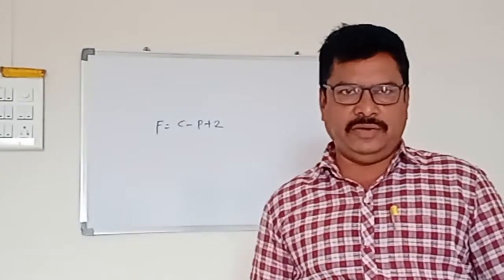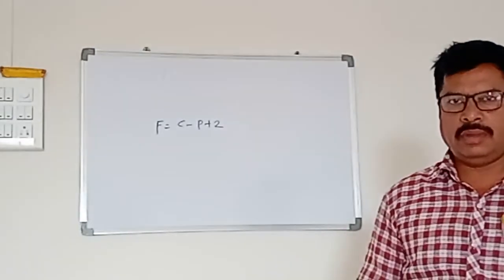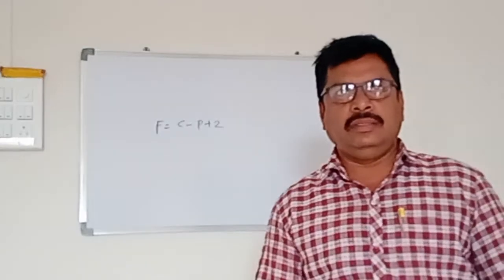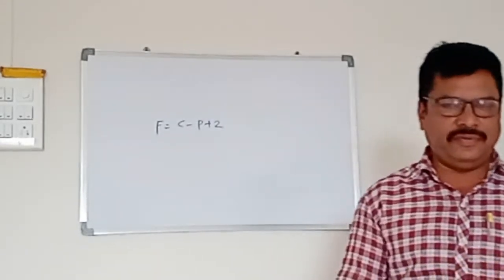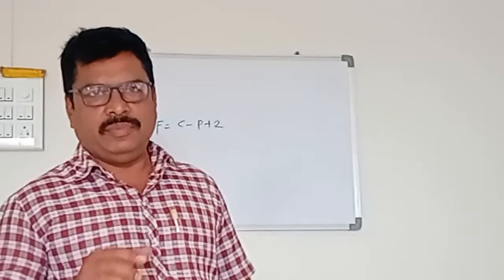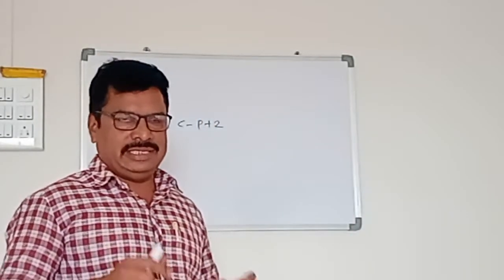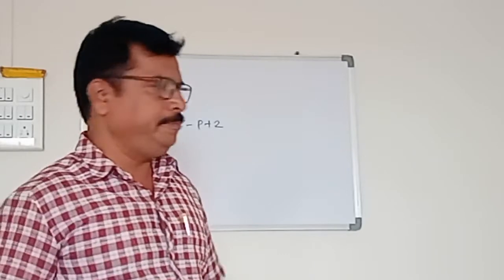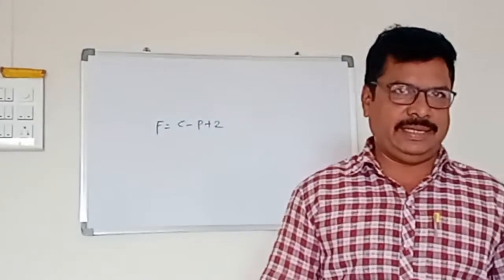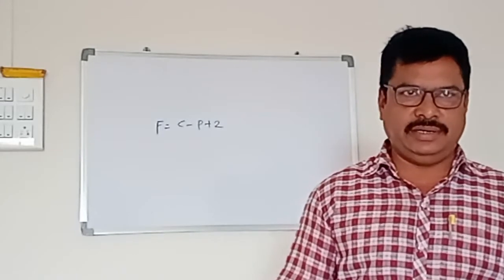This is the phase rule equation. And we have also seen that F is the degree of freedom, C is the number of components in the system which is in equilibrium, P is the number of phases, and 2 is constant.